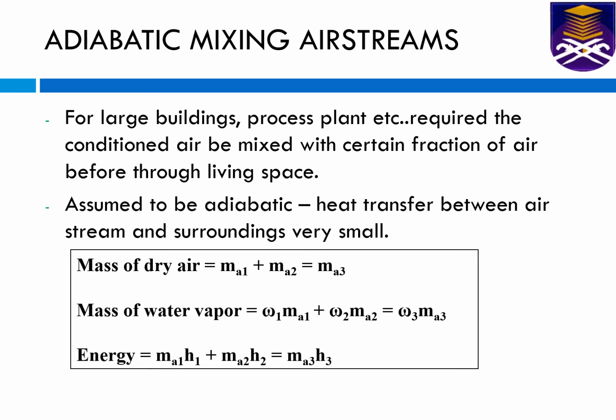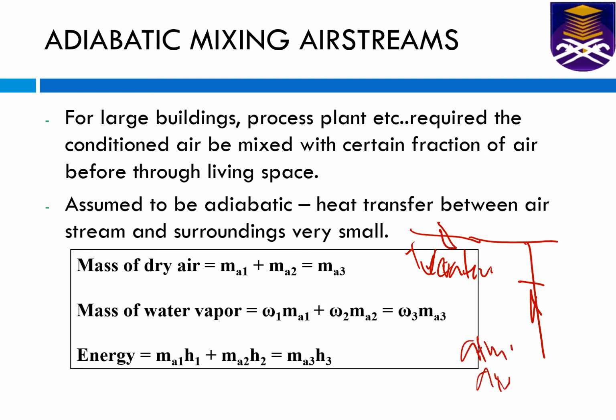So for example, this is a treated air that you have, and this treated air will come back and be rejoined with the atmospheric air. Let's say this treated air is 25 degrees Celsius, and it joins with the atmospheric air at 40 degrees Celsius.